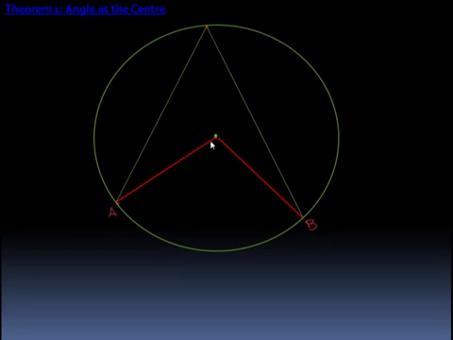Okay, but what we know is that this angle here is standing on arc AB. This angle right here is standing on arc AB. This angle up there is also standing on arc AB.